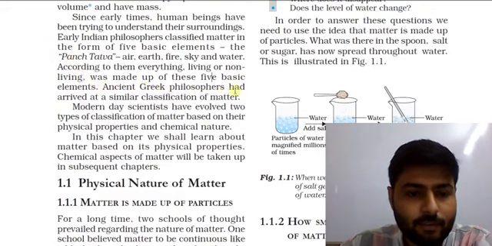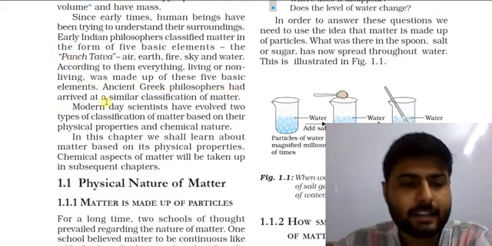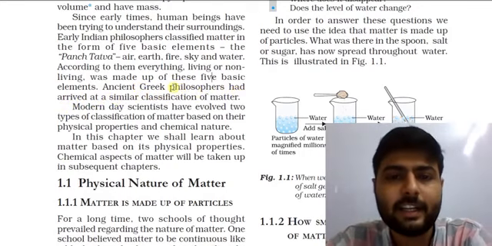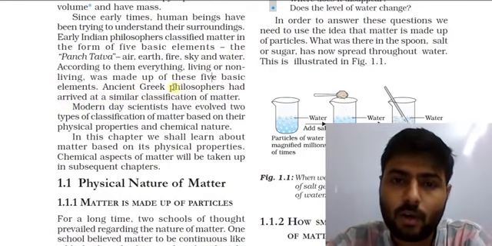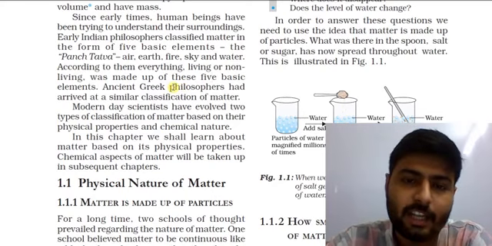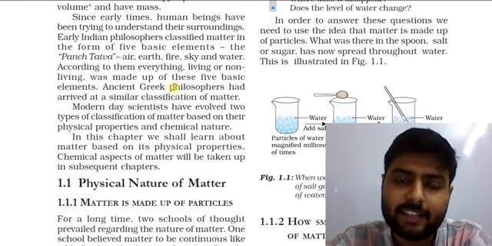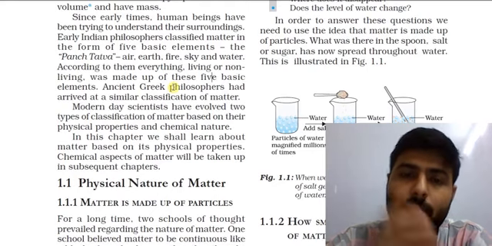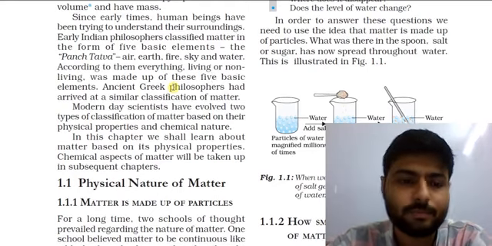Ancient Greek philosophers had arrived at a similar classification of matter, and also arrived at the same conclusion that all living and non-living things are made up of some basic material.